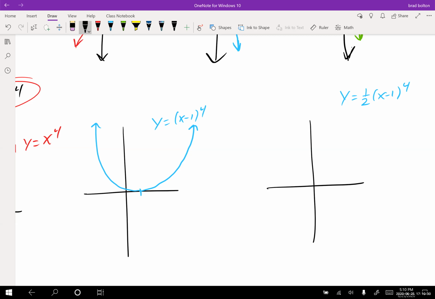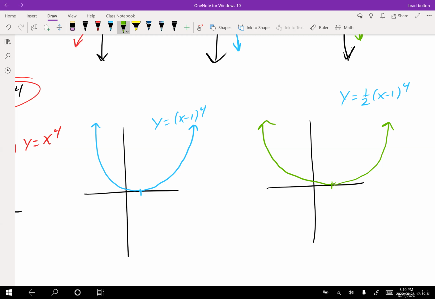So all that stuff you learned with parabolas still carries over to these other power functions. We're still here at 1, and this time it's going to be even wider than before. I kind of over-exaggerated it, but you get the idea, because it's vertically compressed versus vertically stretched.